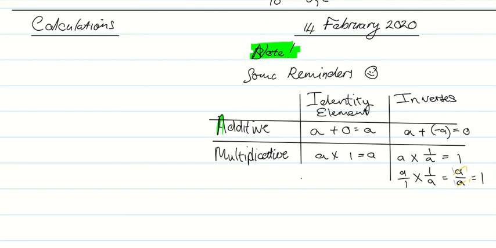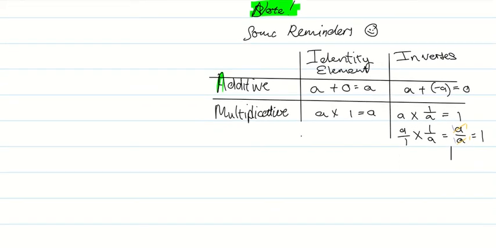And then I want you also to remember some properties of 0. So we looked at the additive and the multiplicative property. Now the properties of 0. The properties of 0 are the following. a times 0 is equal to, well done Kate, 0.